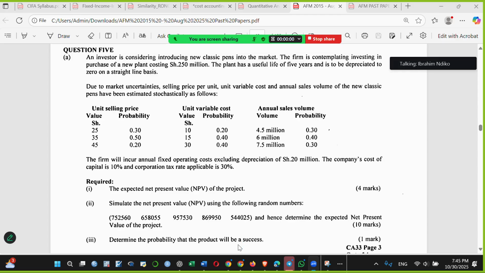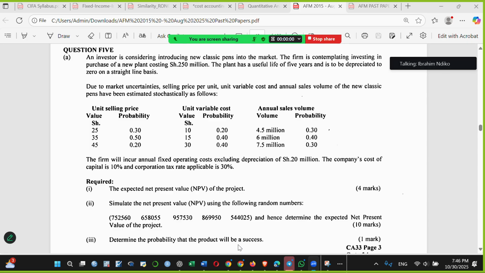Hiyo nayo kama unajiuliza how many runs? Ni 3. Ni 3 aje, sijaelewa. Figures ni 2. Sivyo? Yes. Now let me just show you how we're gonna do it.